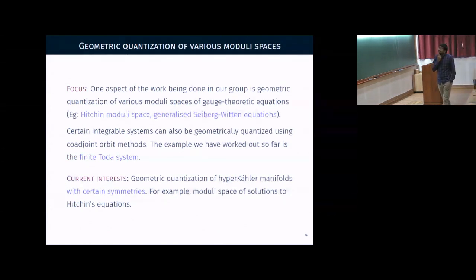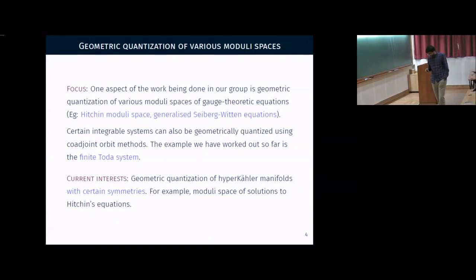Moving on to the geometric quantization. Geometric quantization, broadly speaking, is a mathematical attempt of deriving a quantum theory from a classical field theory. I'll come to the differential geometric specifics in a moment. One of the aspects of the work done in this group is the geometric quantization of various moduli spaces coming from the gauge theoretic equation.